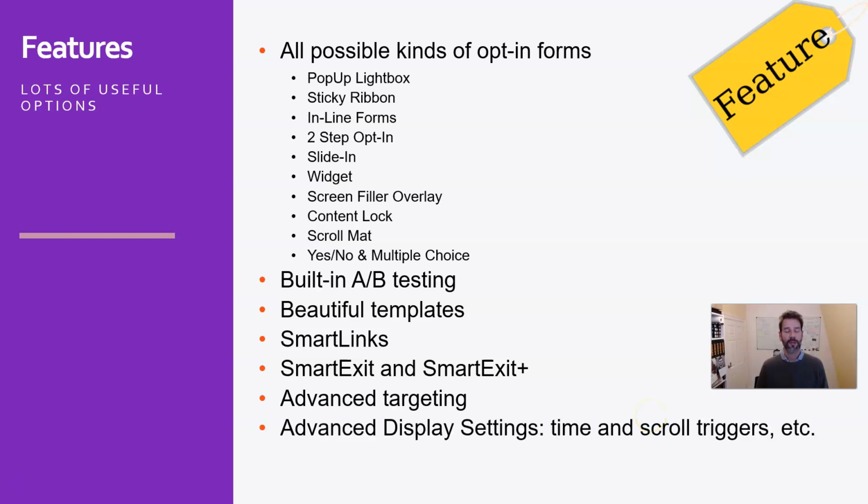And they also come with advanced display settings, so you can set time triggers, scroll triggers, click triggers, all kinds of triggers, also to maximize the opt-in conversion rate. And last but not least, they also provide mobile specific forms that look better and perform better on mobile phones and mobile devices.